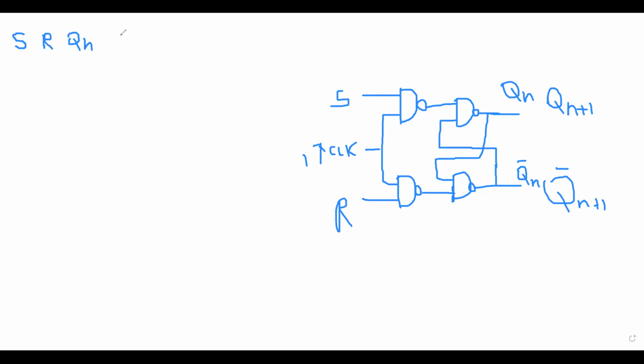Those are the 3 inputs of my SR flip-flop. And Qn plus 1 may be the output. Then here also, we don't know about the present state. Then these are the combinations for values.